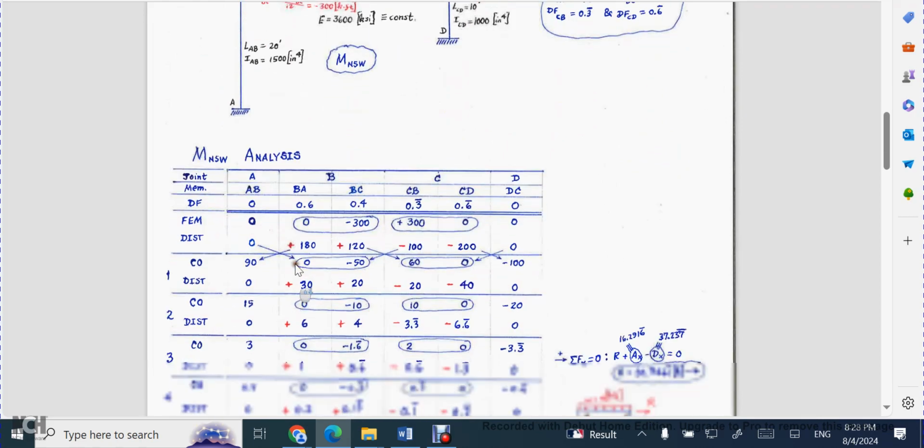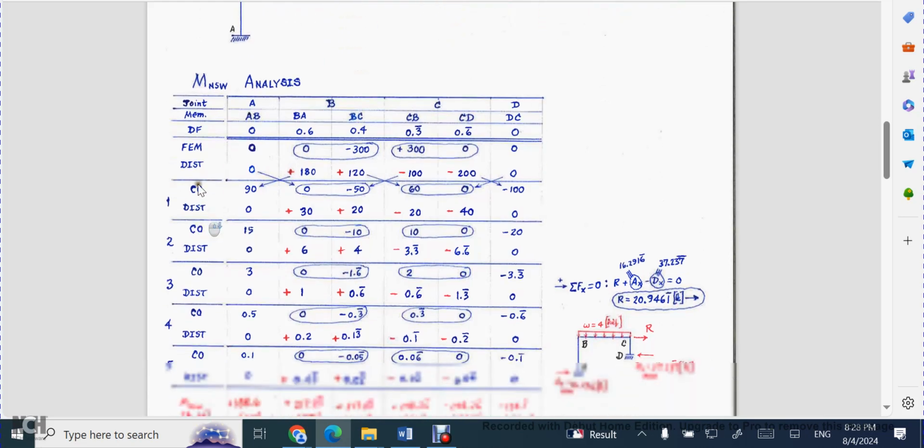And you'll notice that I have those here in my moment distribution table. I've headed this as my no sidesway moment analysis. So here are the joints. I have 4 joints, A, B, C, and D. And then we have these members, A to B, and then B back to A, B to C, and C back to B, C to D, and then D back to C. There are my distribution factors listed.